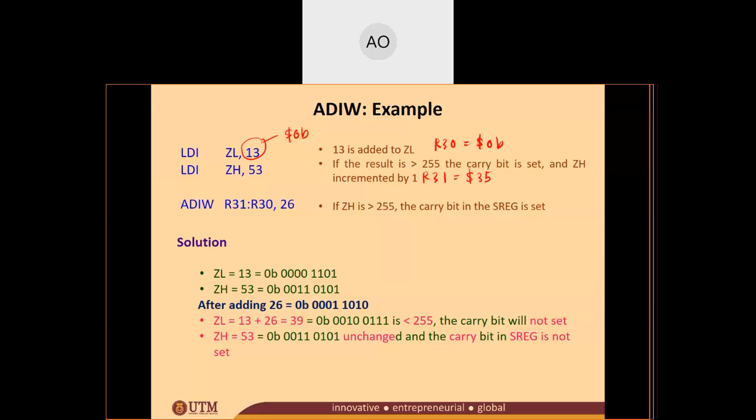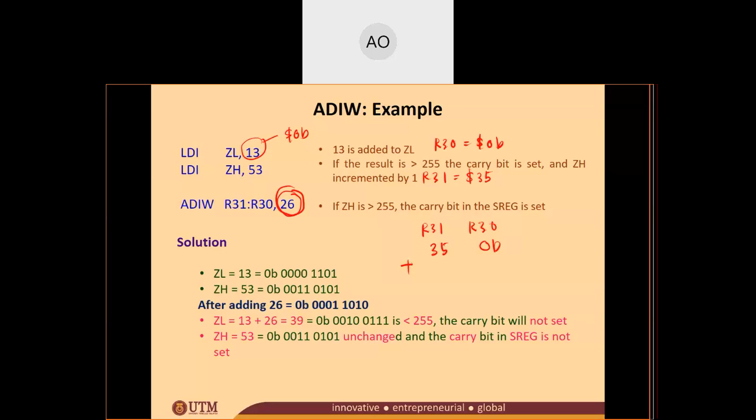Okay, and then ADIW R31, R30, 26. So this is your R31, R30, which inside this register pair you have 35 and 0D. Then you need to add with 26. But this 26 is a decimal number, so you need to convert to hexa dahulu.